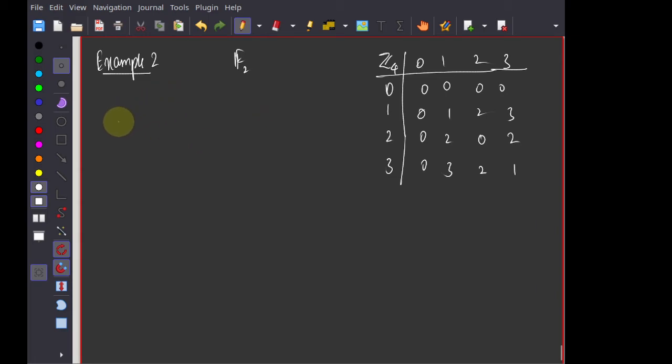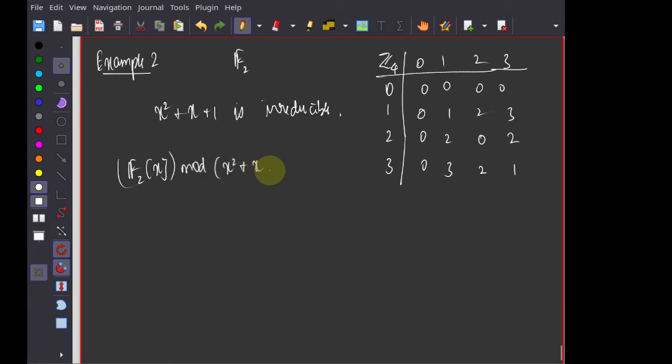So let's take an irreducible polynomial over F2. We've seen that x square plus x plus 1 is irreducible. Right? Now let us look at F2 of x mod x square plus x plus 1.